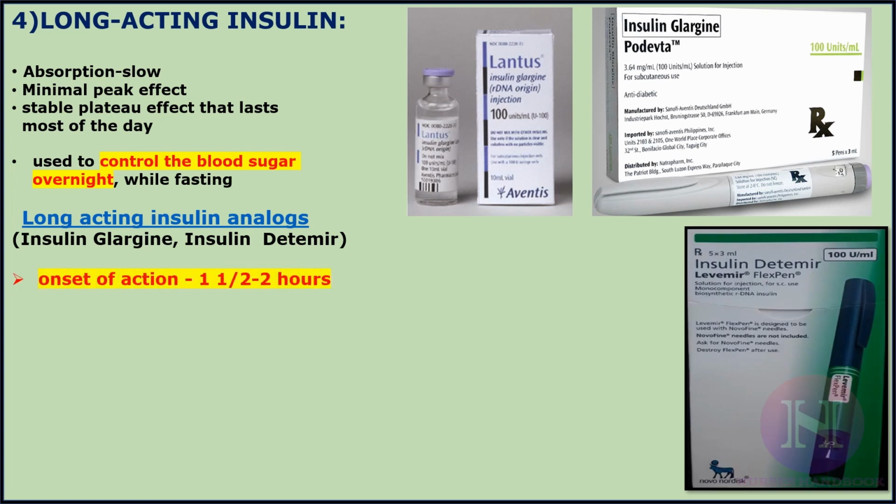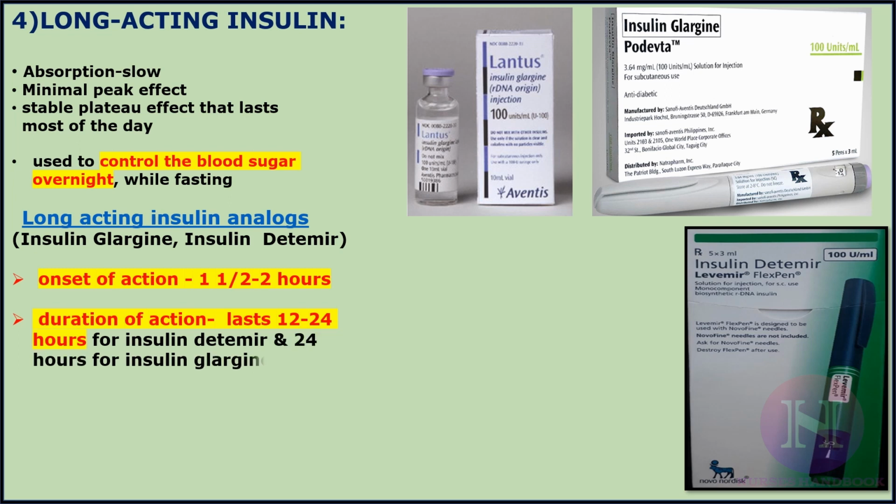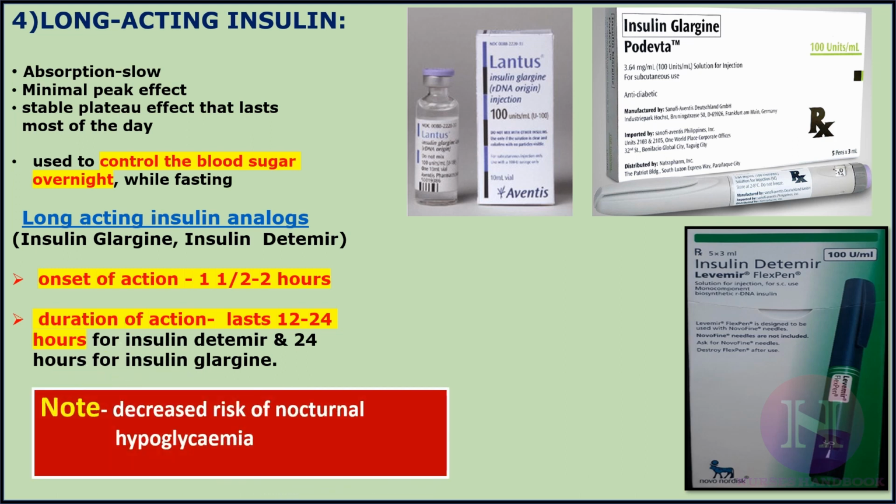This begins its action in 1.5 to 2 hours, and the duration of action lasts for 12 to 24 hours for insulin detemir and 24 hours for insulin glargine. That is why in some places glargine comes under the category of very long-acting insulins. An important point to remember is that long-acting insulins have a decreased risk of nocturnal hypoglycemia.